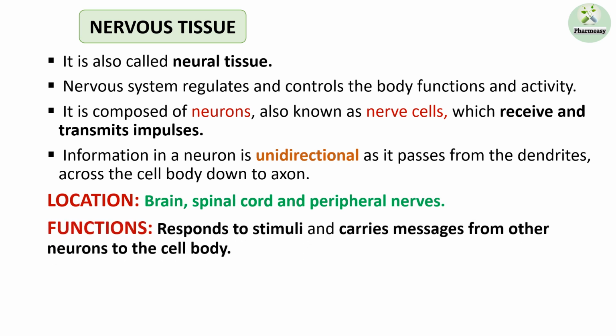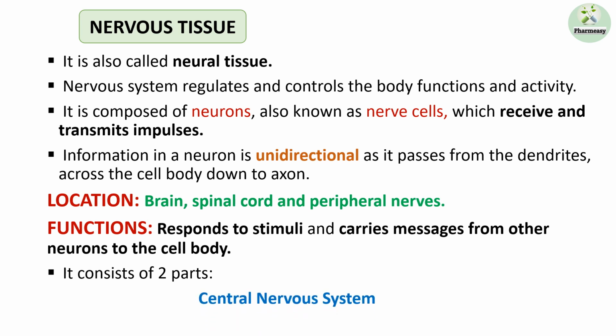Functions are it responds to stimuli and carries out communication and integration, and also carries messages from other neurons to the cell body. It consists of two parts, that is central nervous system and peripheral nervous system.